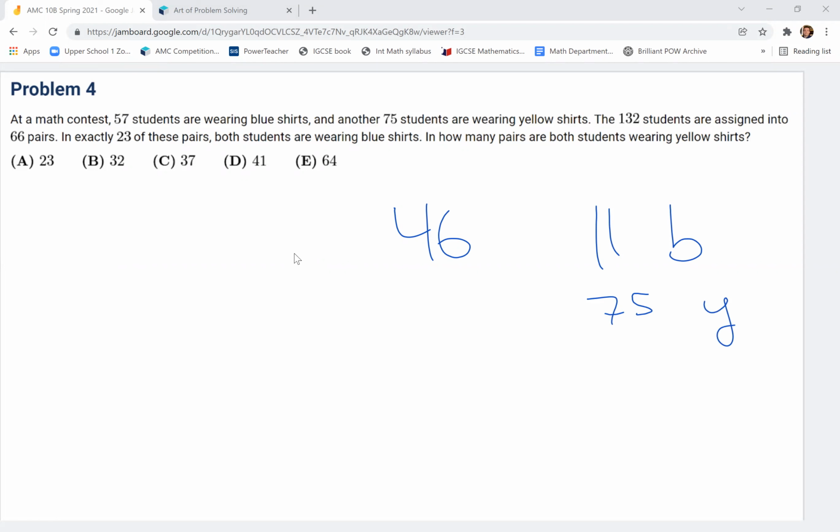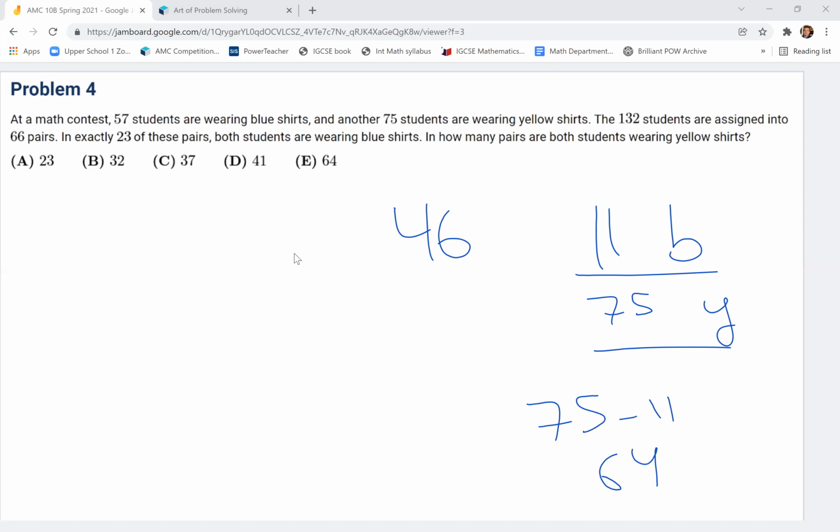Right. Oh, exactly 23. So that means we cannot have any more pairs with both wearing blue. So that means these 11 blues each have to pair with a yellow. So then we have to do 75 minus 11, which is 64.